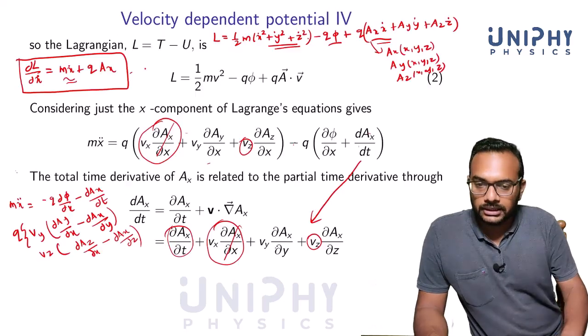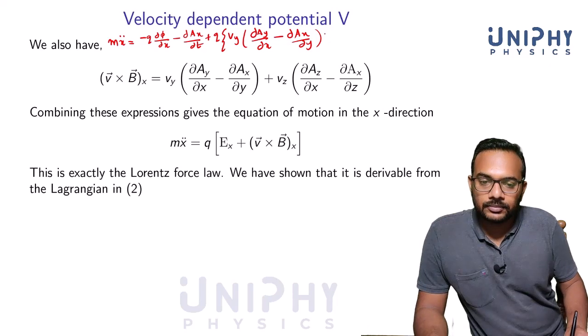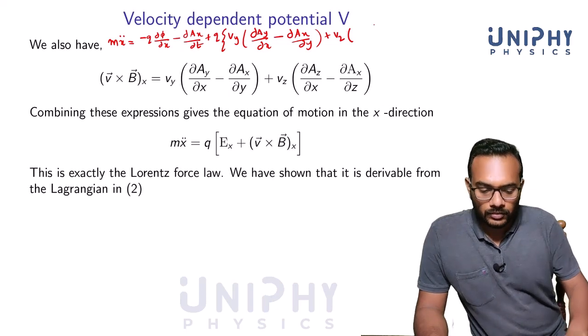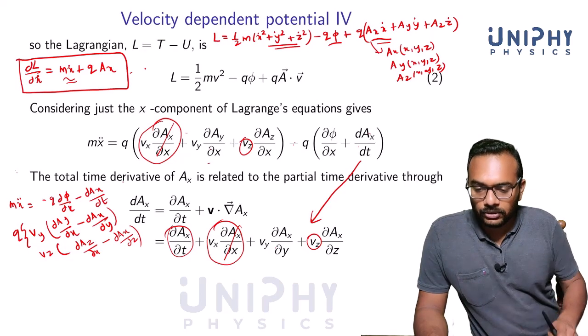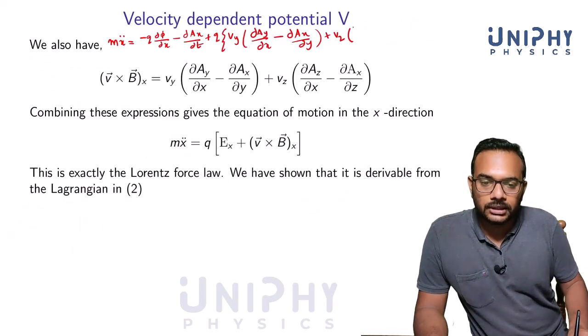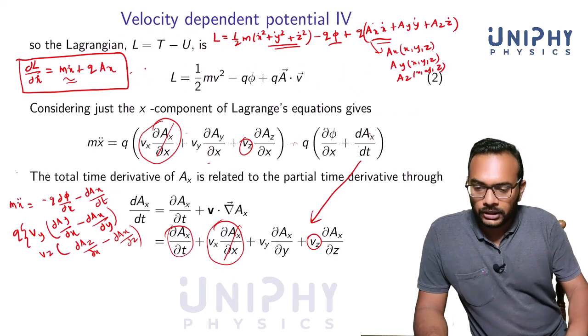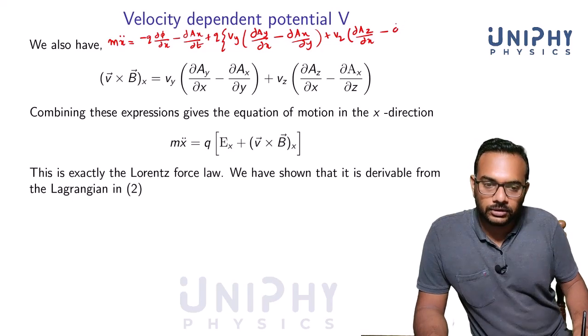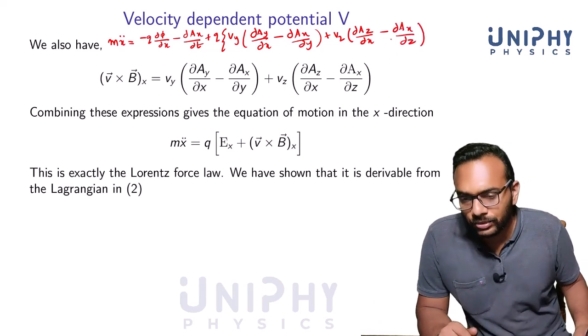Am I right? And then we have plus vz multiplied by (∂Az/∂x minus ∂Ax/∂z). So let it be there, so that we can look at it.